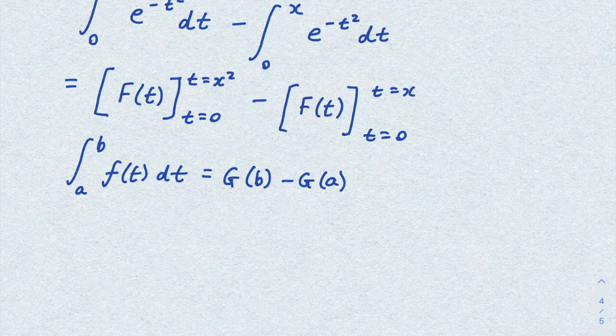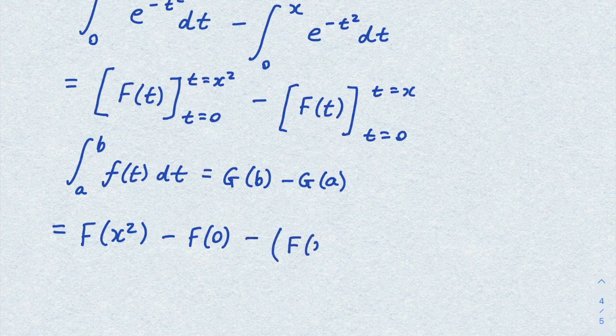So if we apply this theorem, we're going to get uppercase F of x squared minus uppercase F of 0, subtract uppercase F of x minus F of 0.